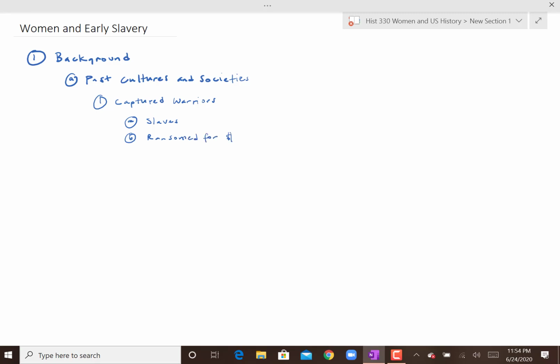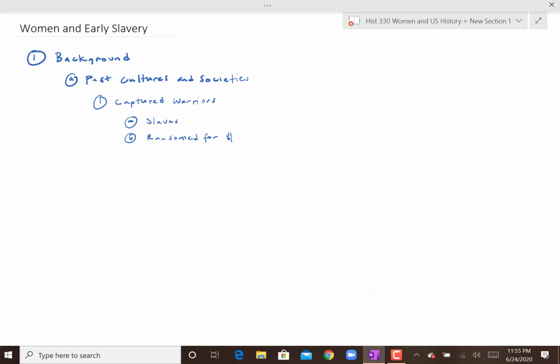If you were wealthy, if you were nobility, or high ranking in certain cultures and societies, then you were more likely to be ransomed for money. But captured warriors tended to become slaves in a lot of societies.